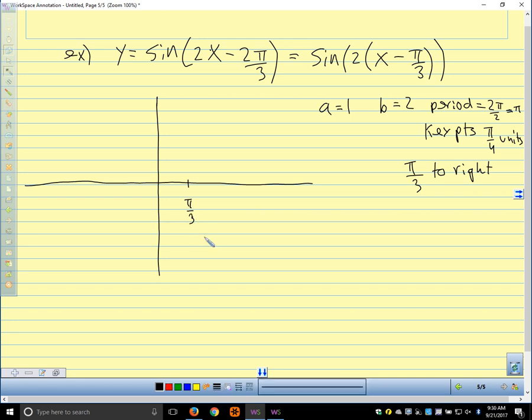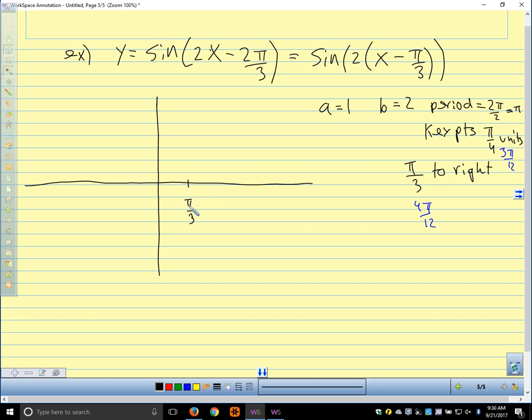And in order to get my key points, I'm going to rewrite pi over 4 as 3 pi over 12. So I need a common denominator. And pi over 3 is 4 pi over 12. So now I need my key points every quarter period from quarter period intervals starting at pi over 3.